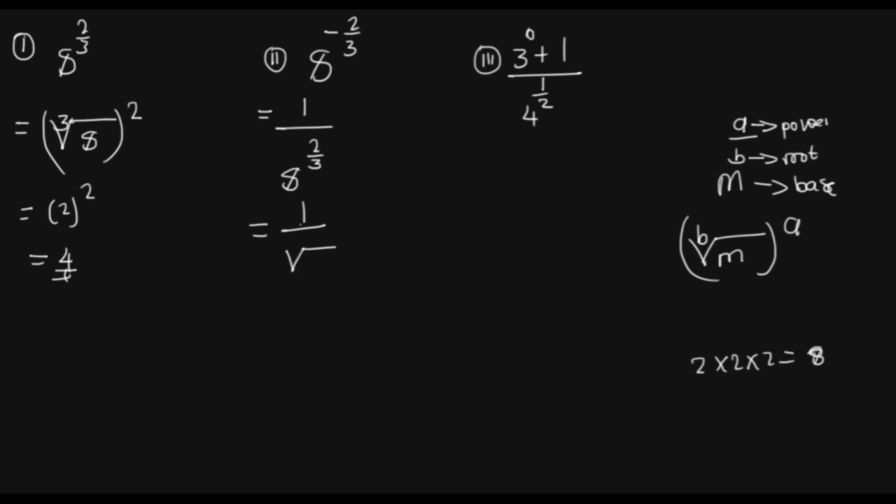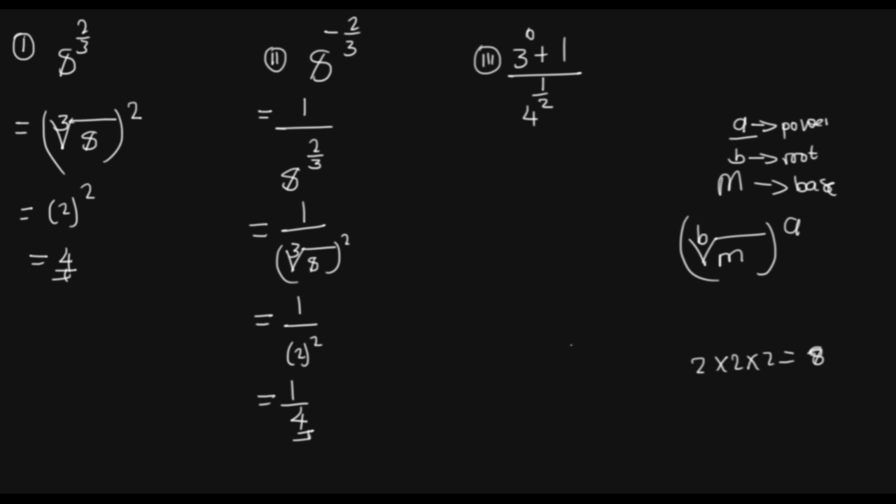So our base is 8, our root is 3, then raised to the power 2. So we get 1 over the third root of 8, which is 2, to the power 2, which is 1 over 4. So if the power is a fraction and also a negative, then our answer should give us a fraction. But if the power is positive, you may have a whole number.